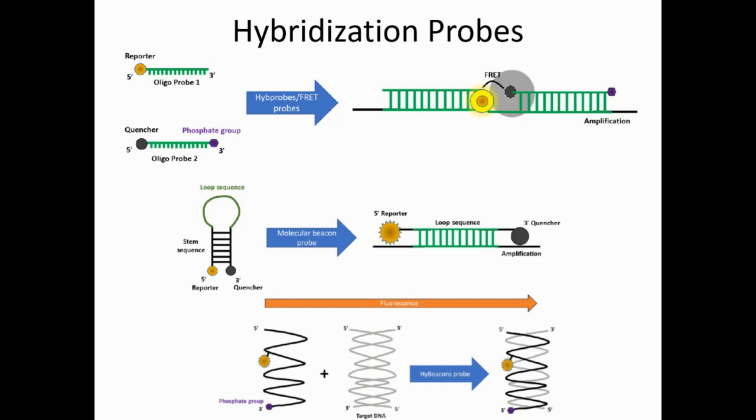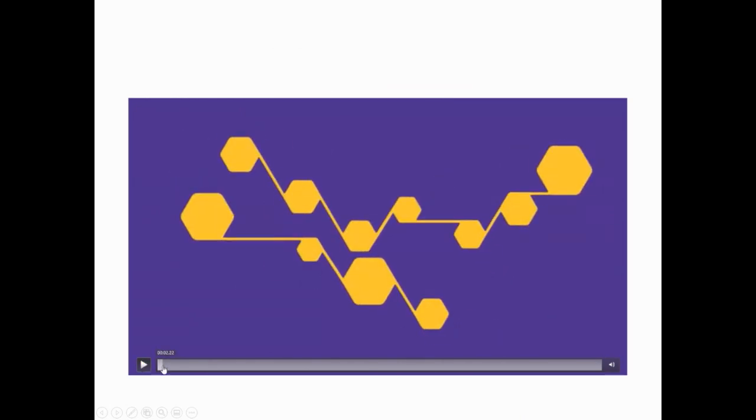If the molecular beacon probe and target DNA sequence are not perfectly complementary, there will be no emission of fluorescence, because the hairpin structure prevails over the hybridization. So that's a molecular beacon. Let's watch the video about this.